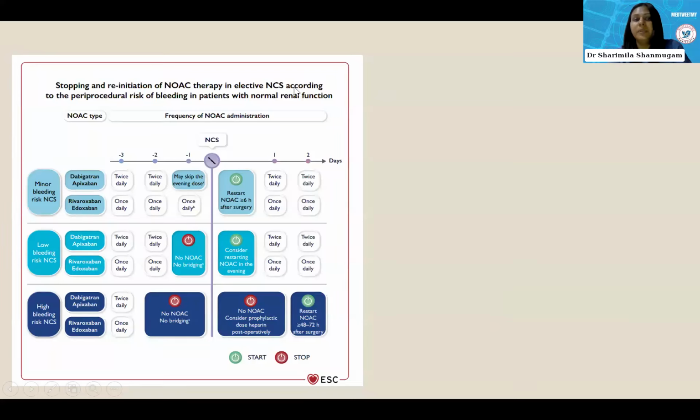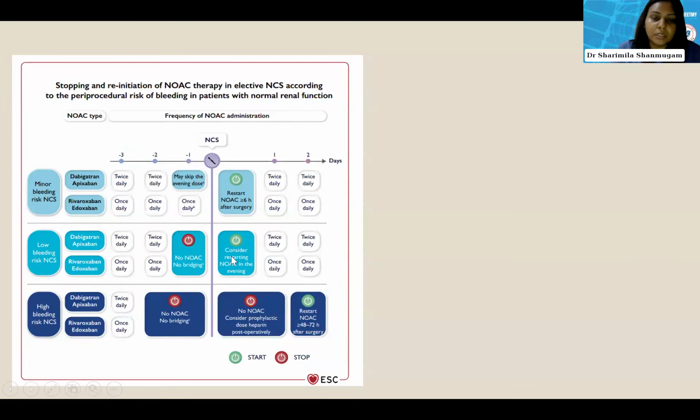This is elective, but this patient actually wants to perform a lumbar puncture, with normal renal function, right? So you can see here are the days, whether this patient has a minor bleeding risk, low bleeding risk, or a high bleeding risk. Okay, so if low bleeding risk, we can actually stop the medication, the last dose, 1 day before, don't need any bridging, and you can start after.